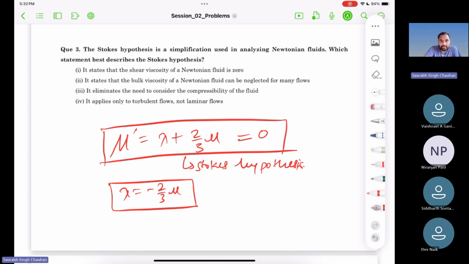So in this way, we simplify the Navier-Stokes equations. And one interesting thing is that for incompressible flows, we don't even require the Stokes hypothesis, right? Because in that case, Pm will be equal to P.